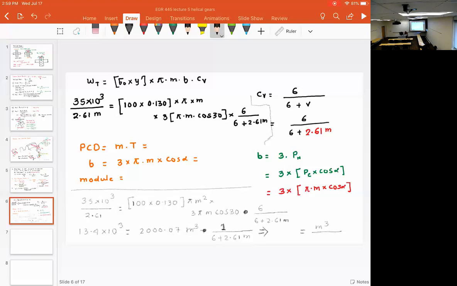Yeah. Okay, so 6.7 is equal to m cube 6 plus 2. Let's try that.